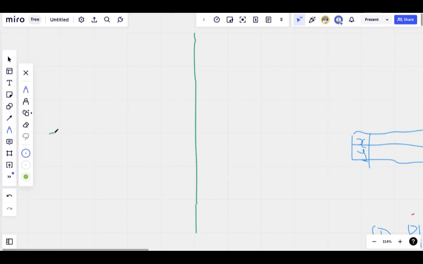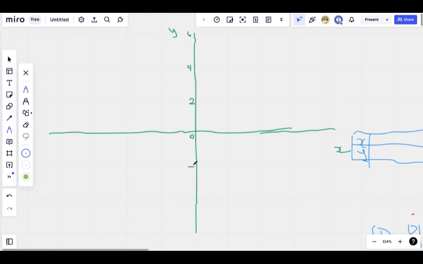Here you have your x-axis. Here you have your y-axis. Now let's begin. Here is 0, here is 2, here is 4, here is 6, so I'm using a scale of 2.